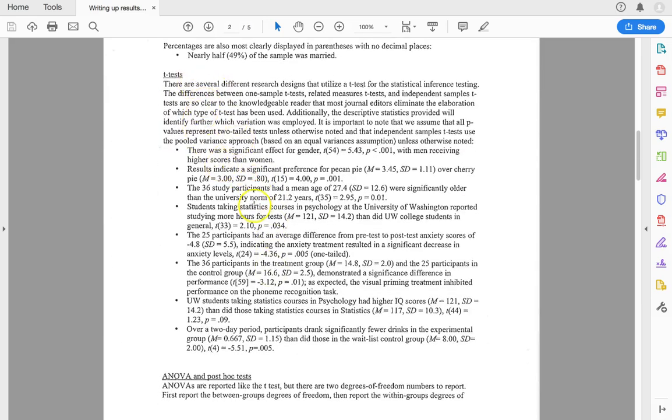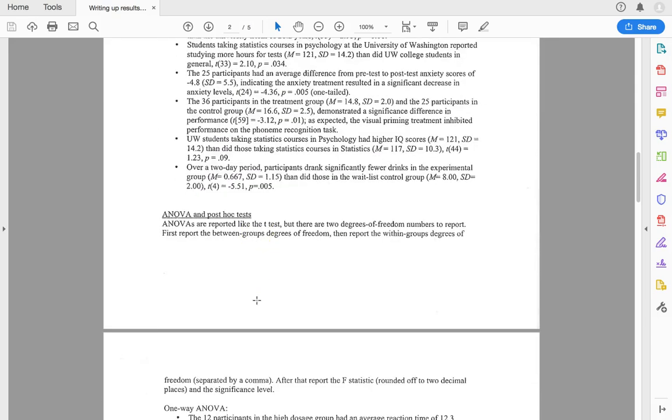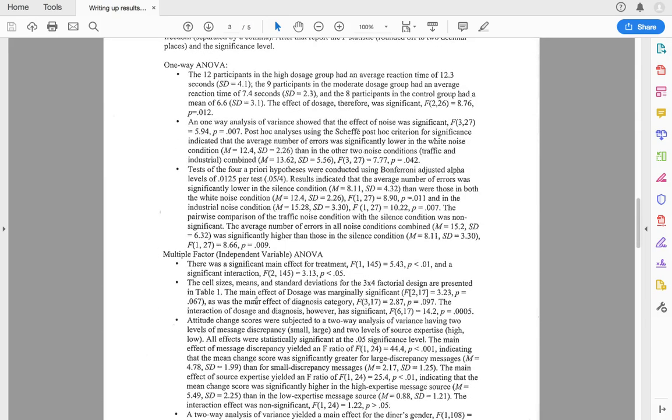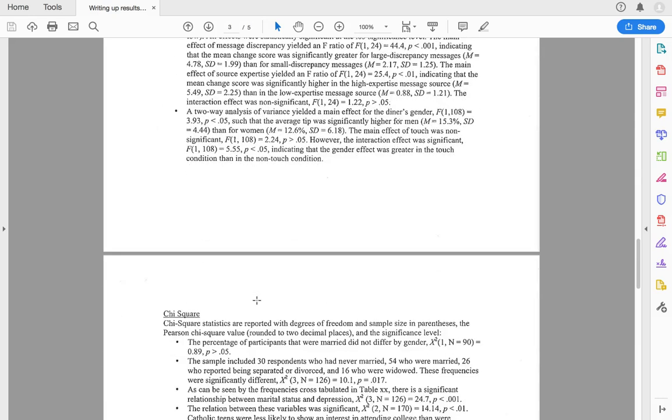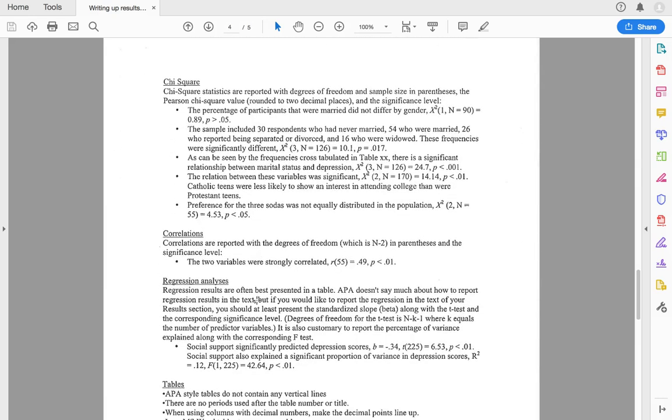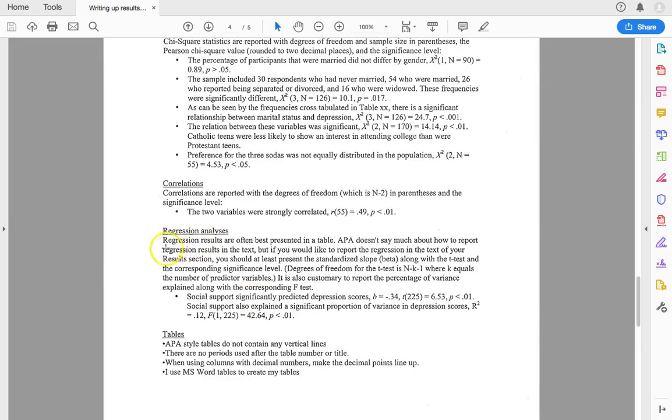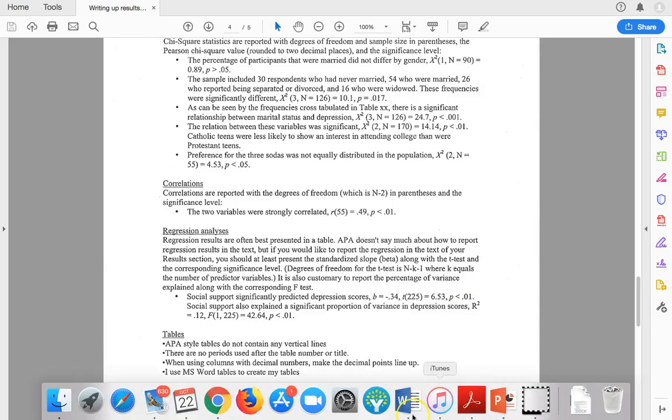Here it brings you to various tests, so t-tests, ANOVA. If you keep scrolling down, chi-square, correlation, regression analysis. So this will give you helpful information on how to write up your results as well. And you can also follow the information that I gave you all in class when we met.